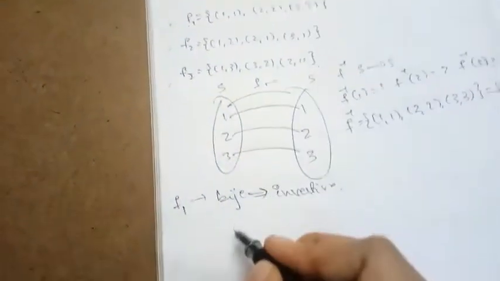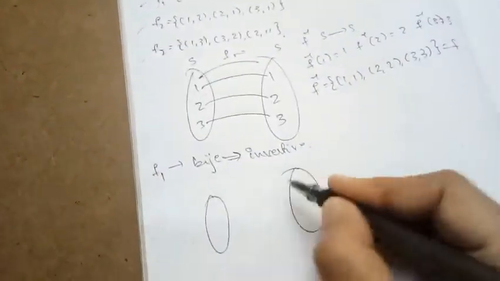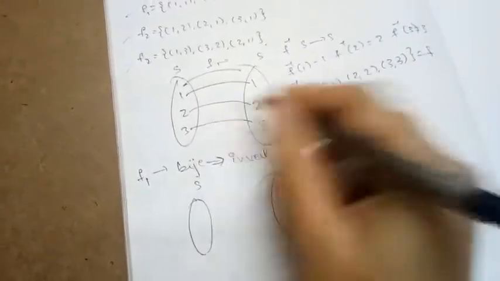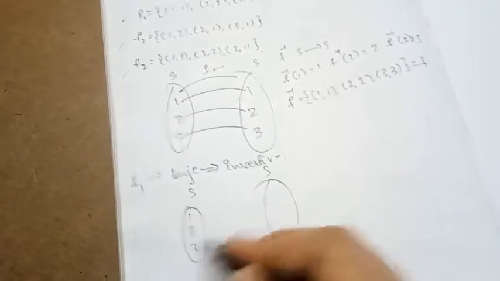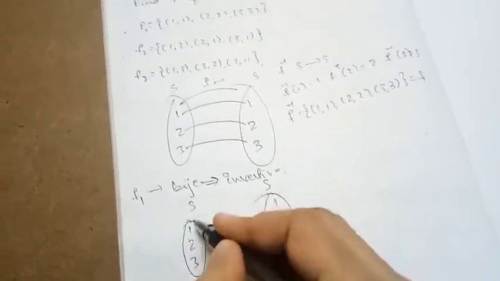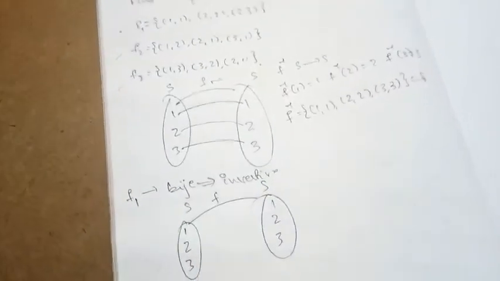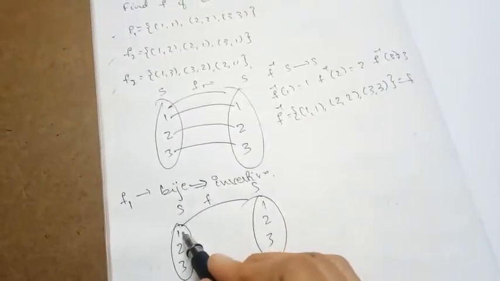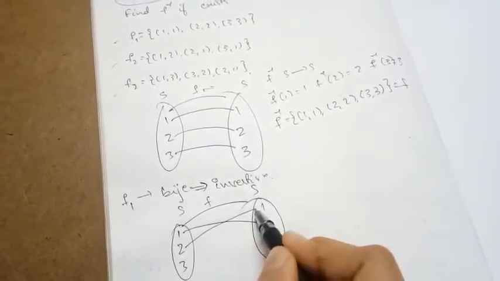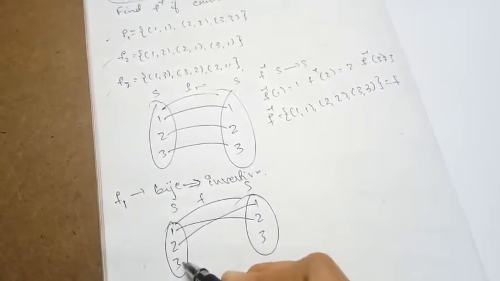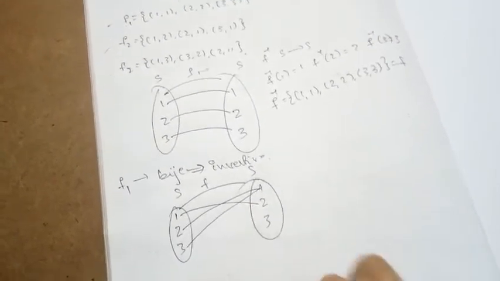Now let us go to the next function. Again, drawing the Venn diagram, that is, with the help of this mapping, it is very easy to understand, so I am going with this method only to explain for you. So this is the second function. How is it defined? 1 has the image 2, 2 has the image 1, and 3 also has the image 1.